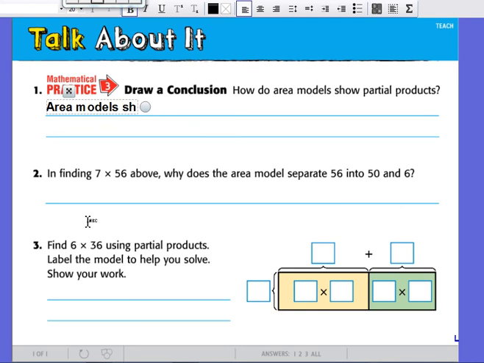Area models show partial products by, what do we do with the area model? What do we do with the 2-digit number that creates an area model? We're not multiplying the 2-digit number. What do we do to a 2-digit number that creates the area model? Nobody knows how we break it apart.